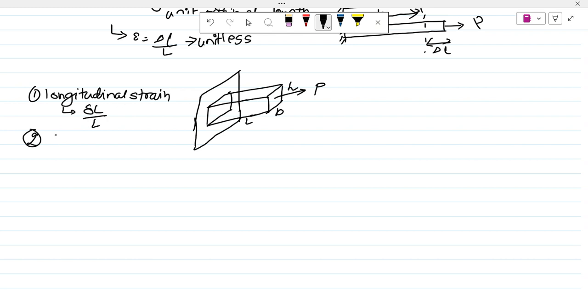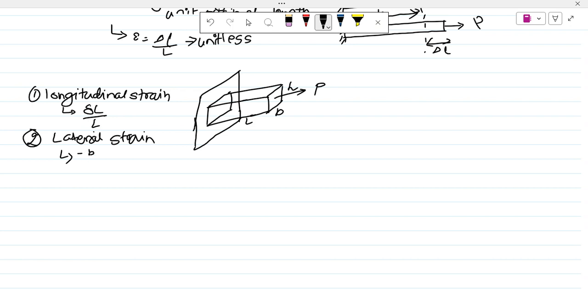These all are normal strains because all the strains are exactly perpendicular or parallel to this force P applied. Lateral strain is the strain of dimensions other than longitudinal strain.